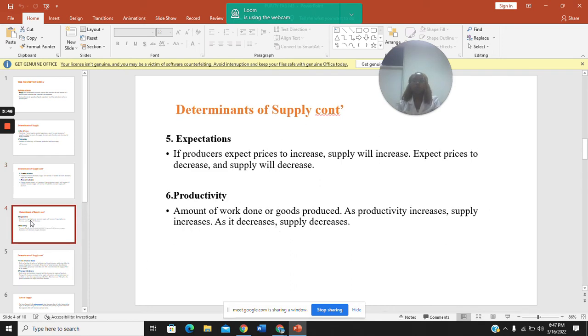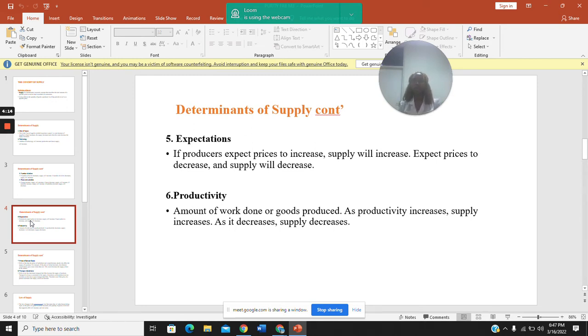Now, to number five, we have expectations. If producers expect prices to increase, they will supply more, or the supply will increase, for them to get more profit. If there is no expectation of rising prices, the supply will decrease.